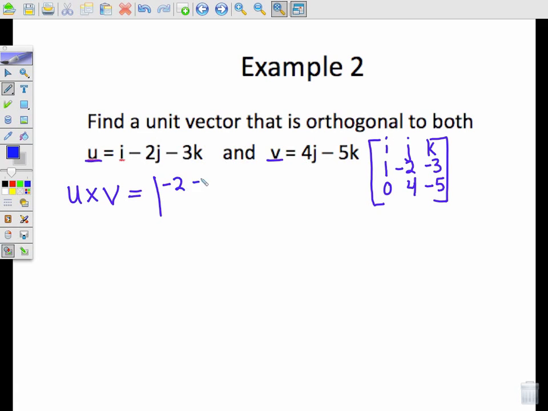So the determinant would be negative 2, negative 3, 4, negative 5, minus the second determinant would be 1, negative 3, 0, negative 5, and the third determinant would be 1, negative 2, 0, and 4.